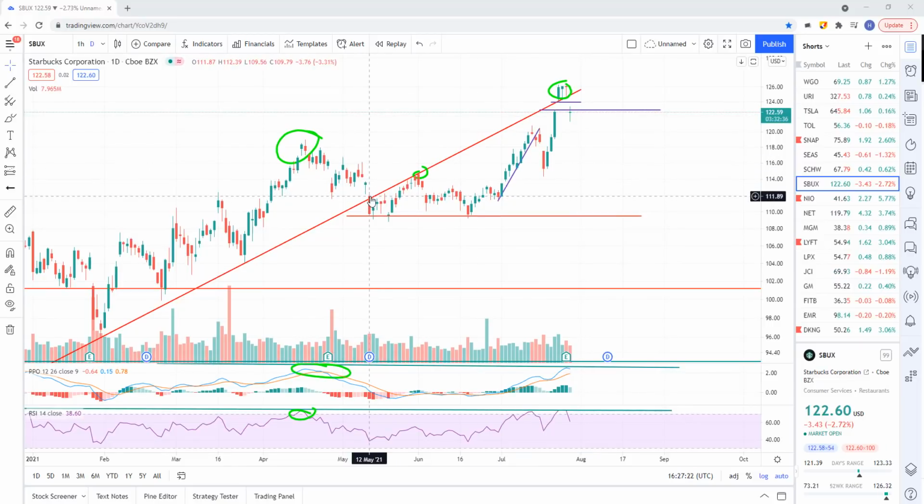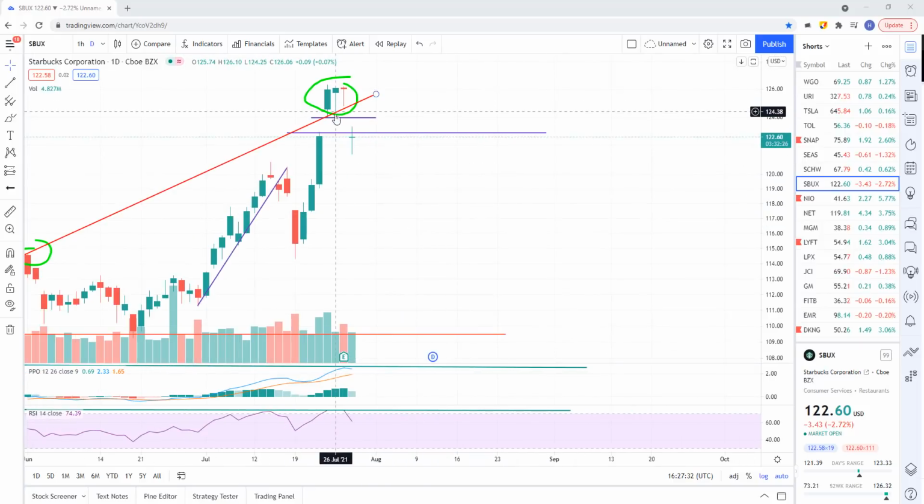Going back here to Starbucks, basically you have a sell signal or a break of trend right there on that one, and then you backtested once. And then recently they backtested it again, gapped it above that trend line, made it look pretty bullish in the short term, held up there for a few days. But again, I pointed out that they gapped it above that trend line right before earnings.